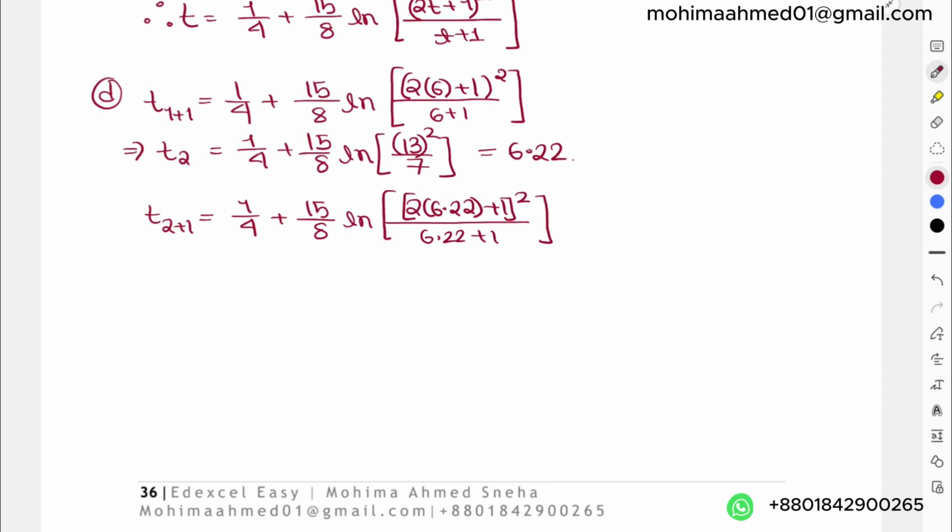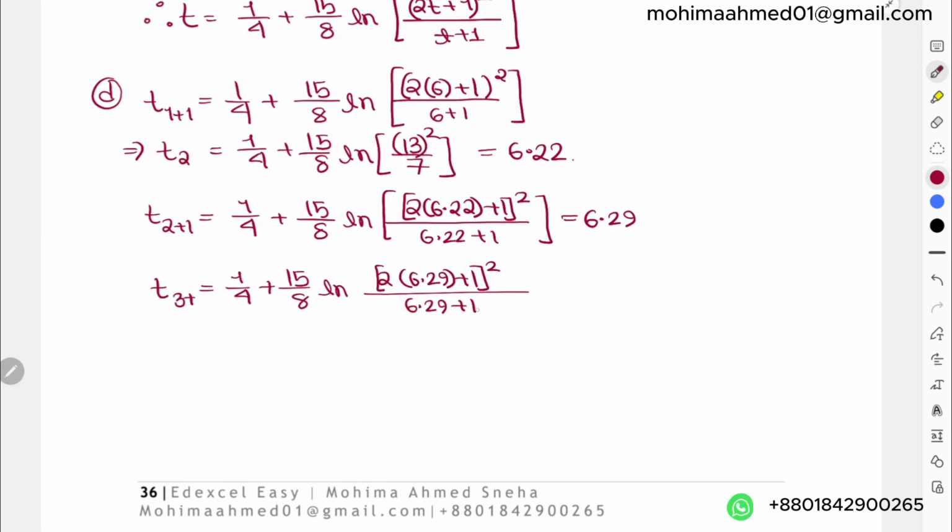And you get the value for your T3 as 6.29. Then same thing, T3 plus 1 is going to give you the value for your T4: 1/4 plus 15/8 ln 2, 6.29 plus 1 square.